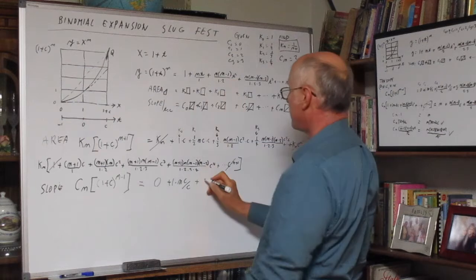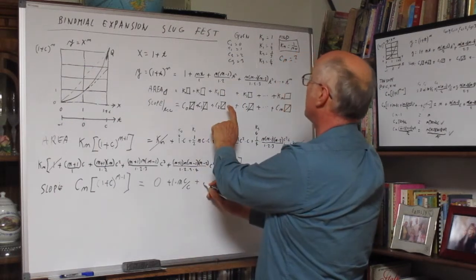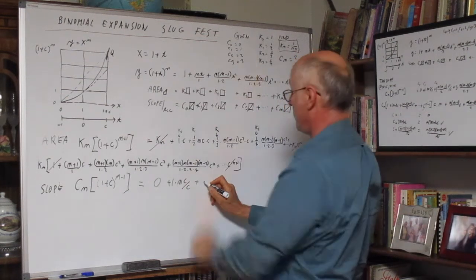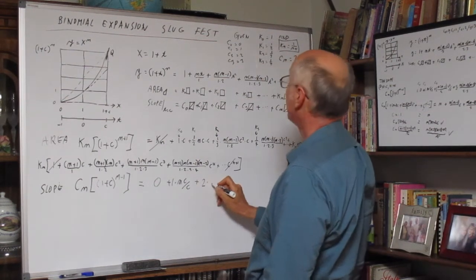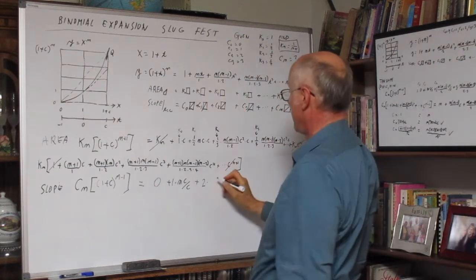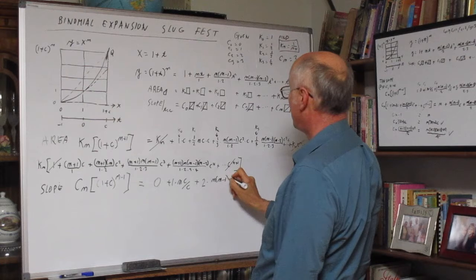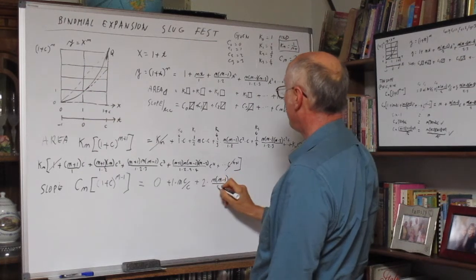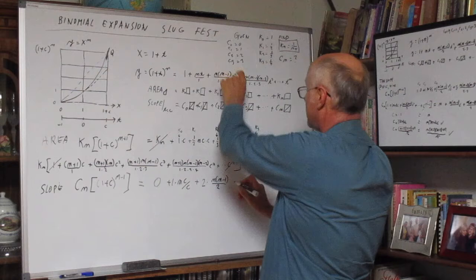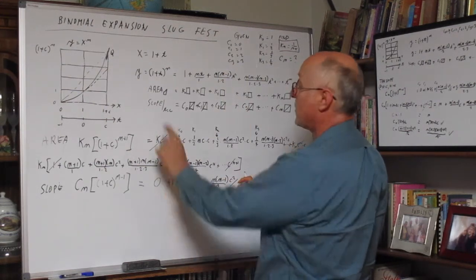the quadratic term, we need our C2 factor. C2 is really 2, which we already know, times, and the binomial coefficient is n minus 1 over 2, times c squared, rise over run.